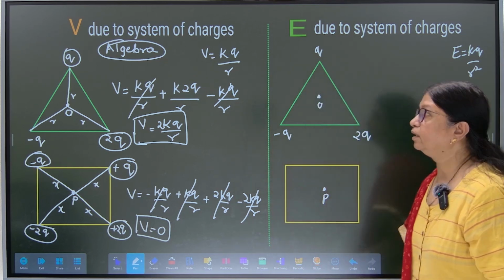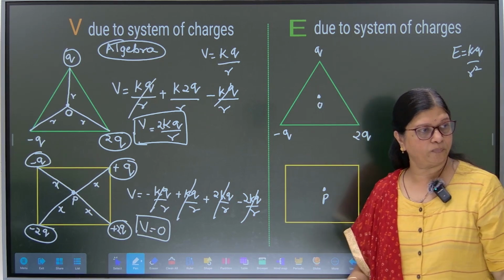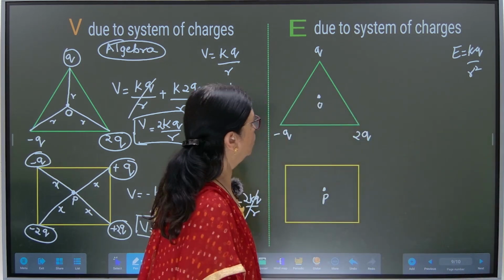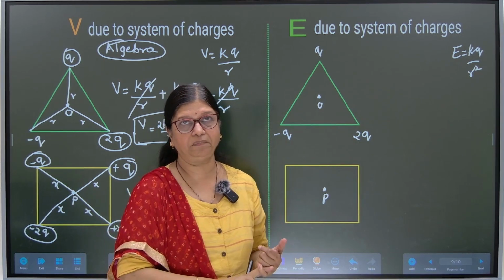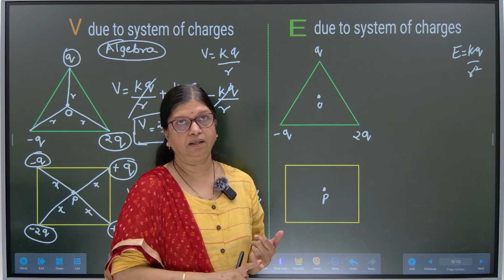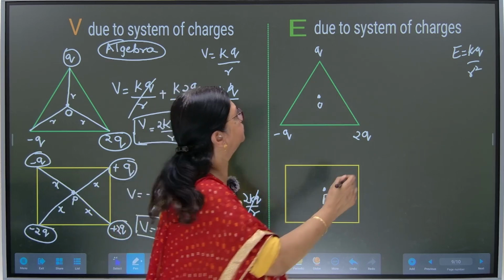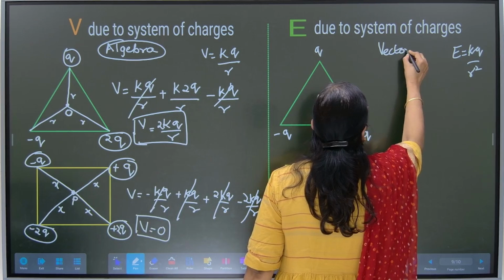Again I have to use the principle of superposition, but this time I have to add the individual electric fields vectorially. How? Vectorially.